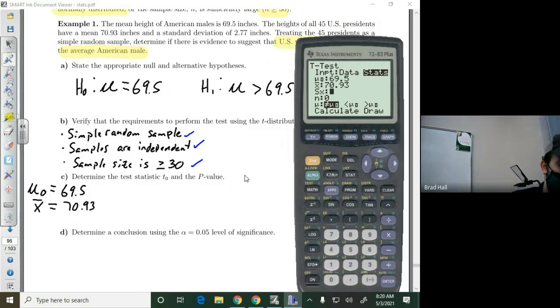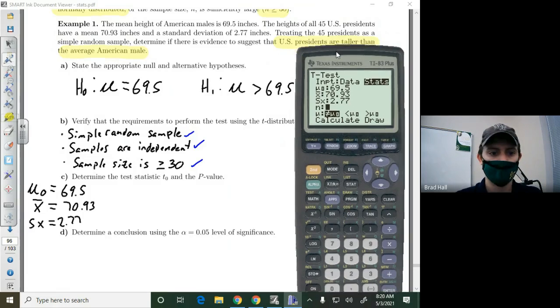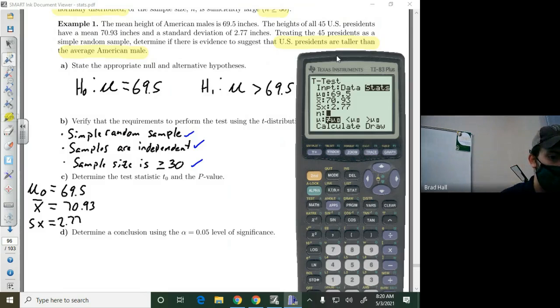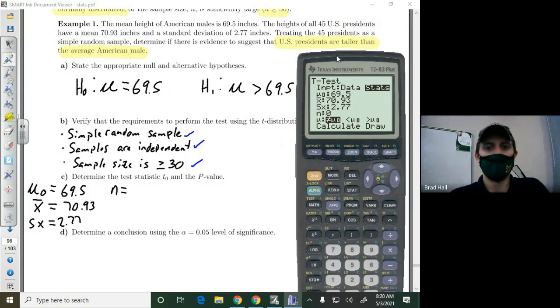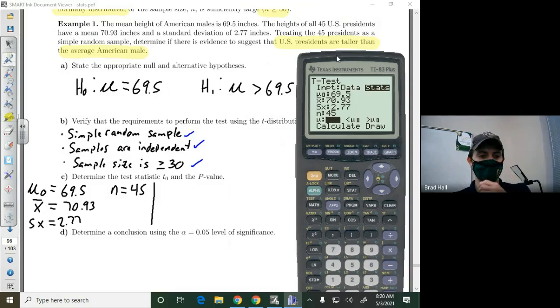Standard deviation is 2.77. And of course, n, that's the sample size. That's 45. There's 45 presidents.